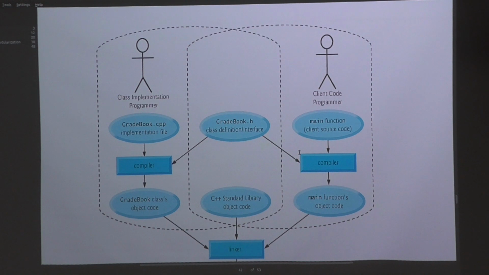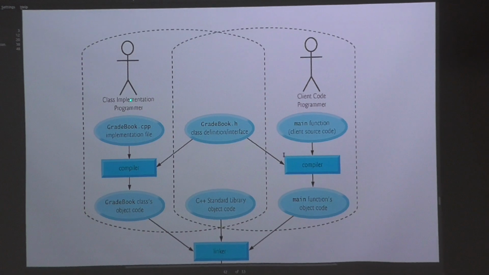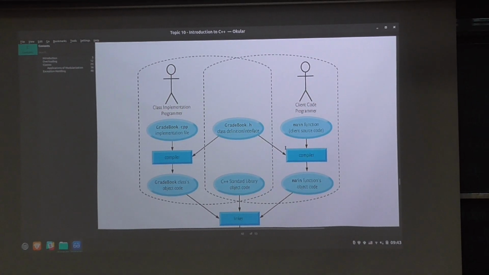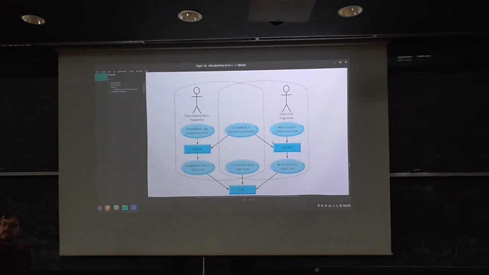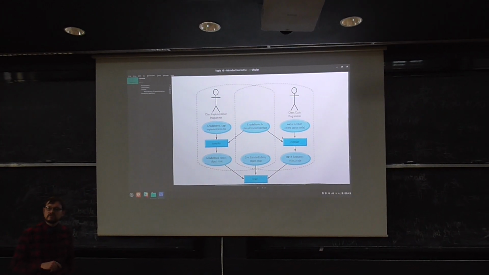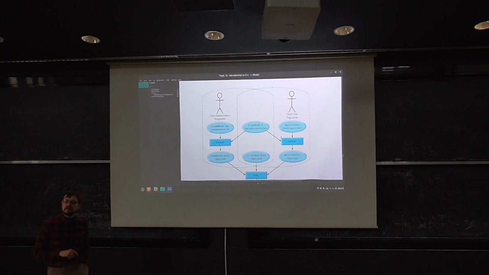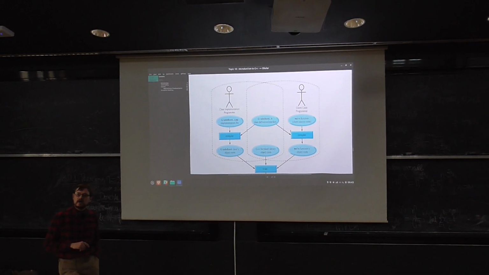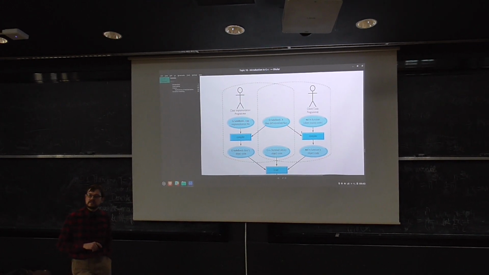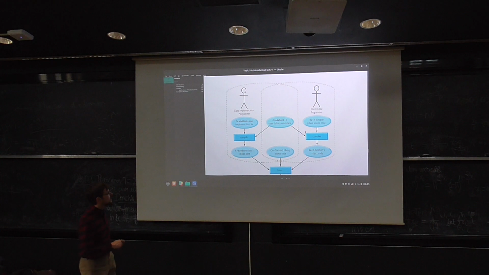This gradebook.h is a contract between the front-end and the back-end developer, right? And this is not a contract in the legal or the social sense, but more in the Hobbesian sense, where it's a promise between two people.